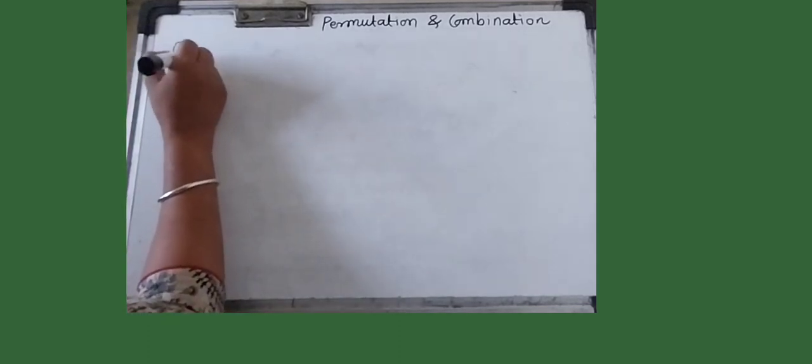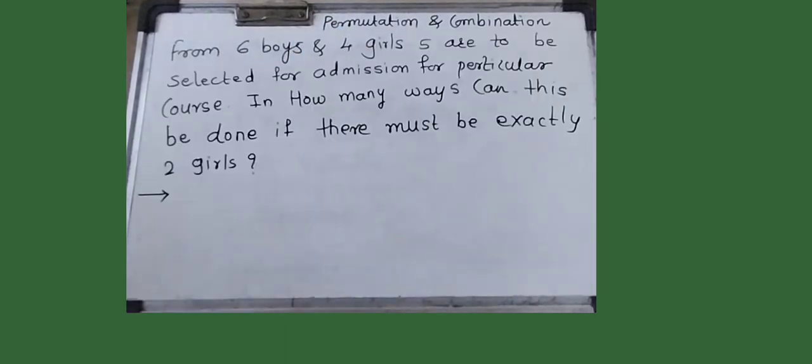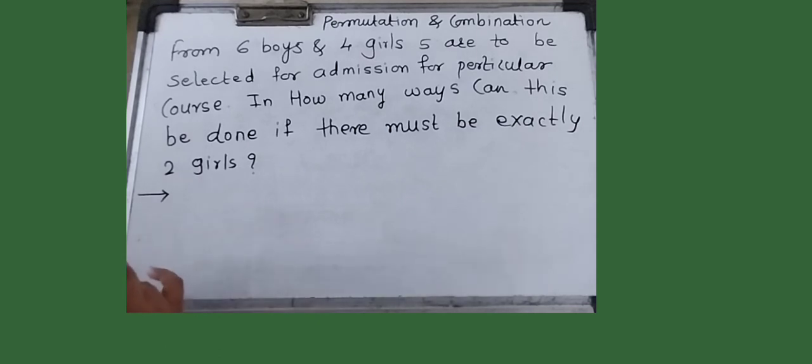Next example for the combination is, okay, from 6 boys and 4 girls. See, this is my question. From the 6 boys and 4 girls, 5 are to be selected.